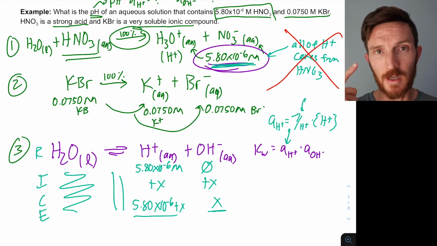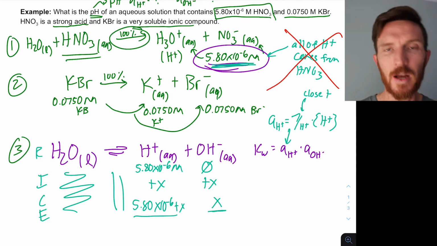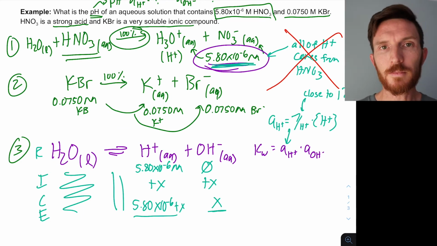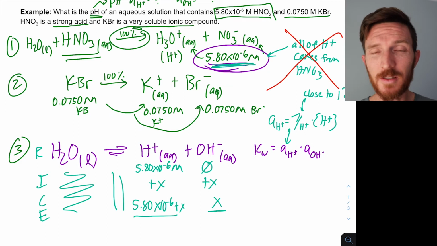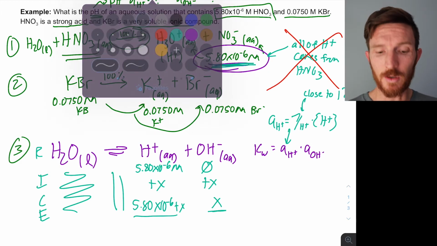We need to ask ourselves, is our gamma value, the activity coefficient, close to 1? Is it going to be to a place where there's almost no difference? And we remind ourselves, what causes there to be a difference in the activity versus the actual concentration?